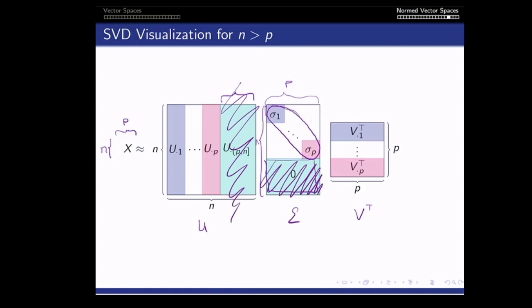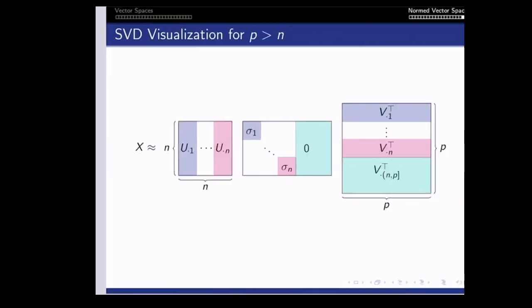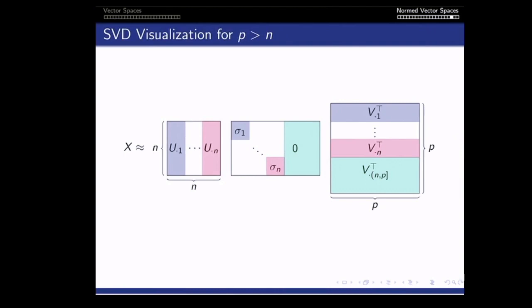There are different ways to denote a singular value decomposition. You can have U quadratic and V as well, but you can also truncate U by deleting this part, which is multiplied with 0 anyway. A similar thing happens if p is larger than n.